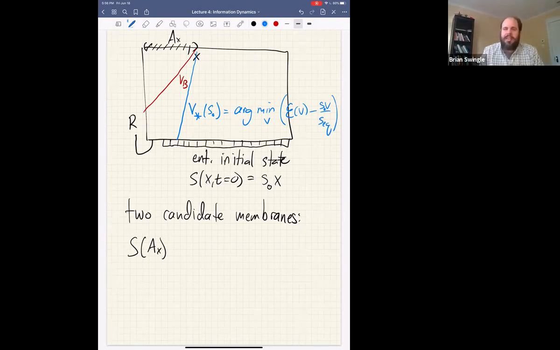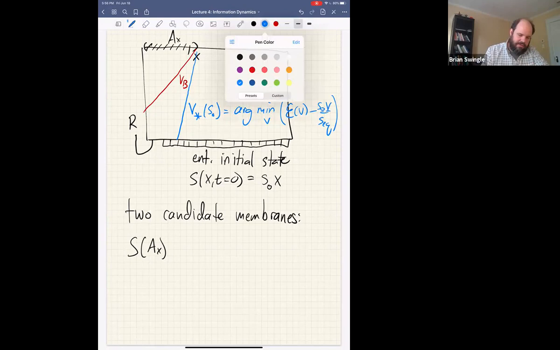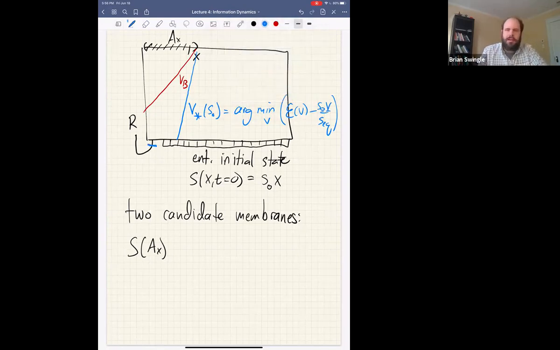This is the velocity that you would have when you have initial entanglement slope S naught. And in this case, if you're computing the entropy of A, well, you have to also cut off R from A because R is not part of A. So you have an extra piece to your surface down there.